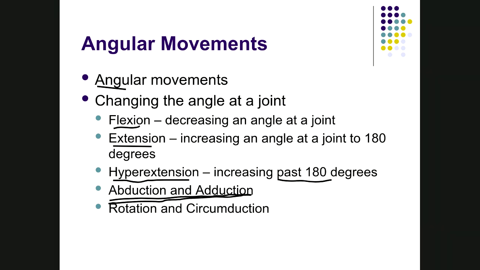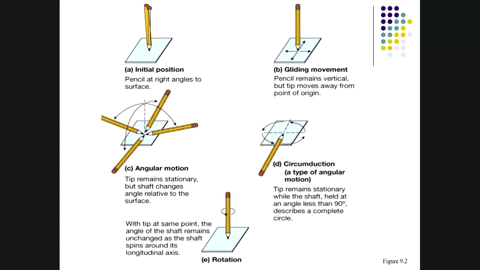They're called abduction and adduction. And then, even though we don't think of it, these circular movements are also considered angular. But here's our angular movements right here. So we hold this point like this, and then we lean it. And if you lean it this way, look, this angle's getting smaller. If you lean it this way, the angle's getting bigger.